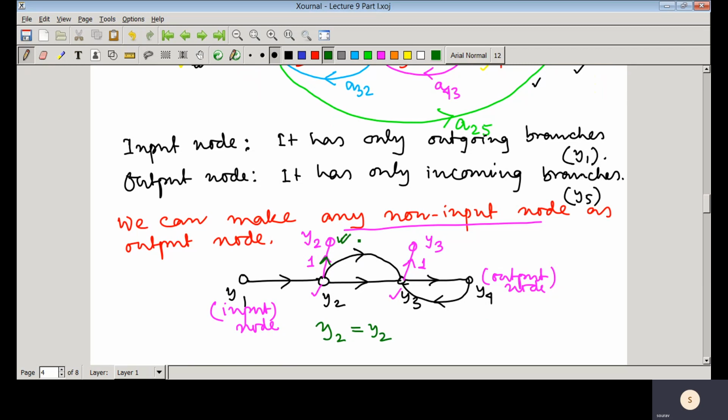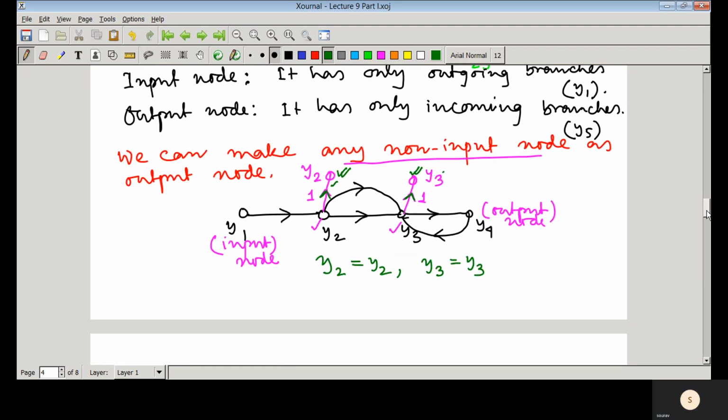So we can say this is an output node because it has only the incoming branch. Similarly, Y3 equals Y3 according to the signal flow algebra. Here you have only an incoming branch, so that would be one output node. That's why we can make any non-input node an output node.